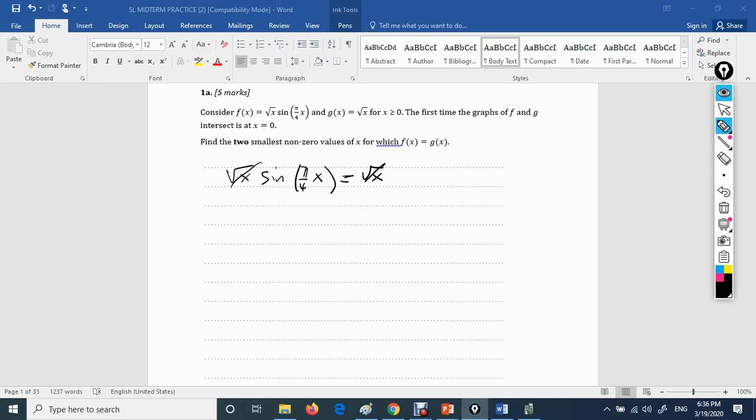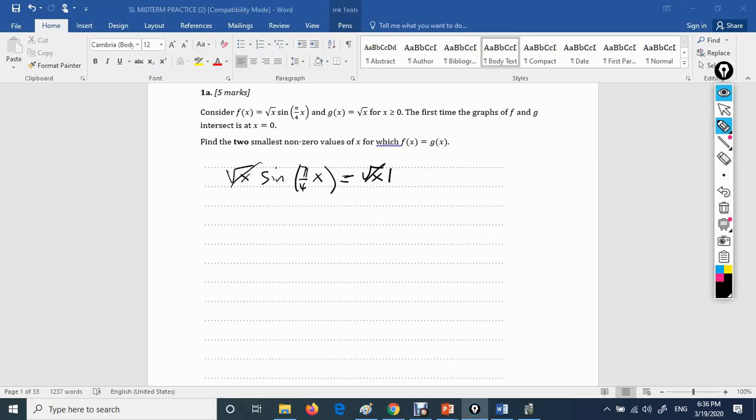That would be the first solution where they would both be 0, and therefore (0, 0). So we're not interested in that particular result, but we're interested in what happens if we cancel these out. Well, this becomes a 1. It would be the same as dividing by square root of x. So we have then that sine of pi fourths x equals 1.